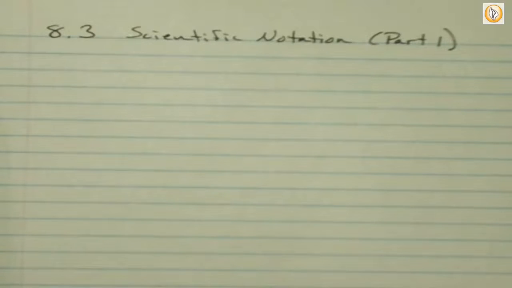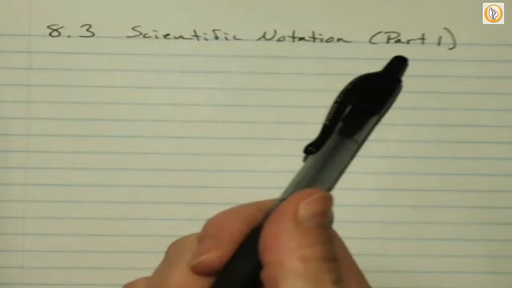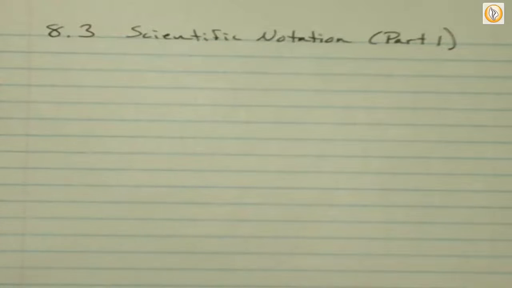The next lesson will be adding and subtracting. So when I say part 1, I'm really referring to scientific notation, multiplying and dividing, part 1. Part 2 is adding and subtracting. Okay, let's get started.